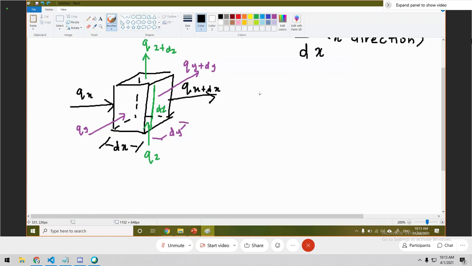We also need to remember the heat balance, or energy balance, for whatever cases.